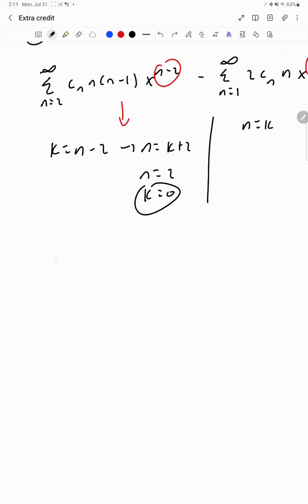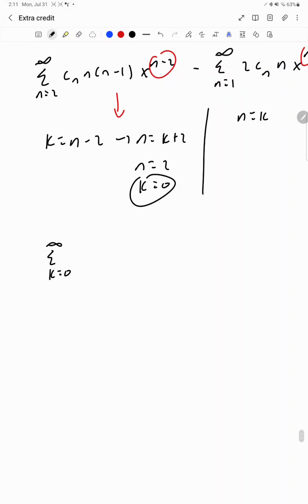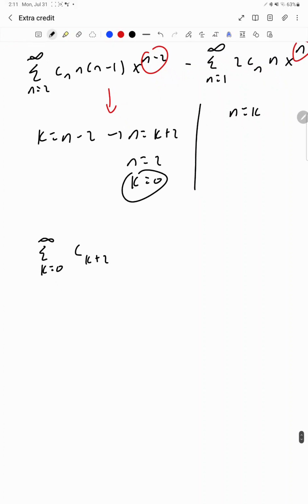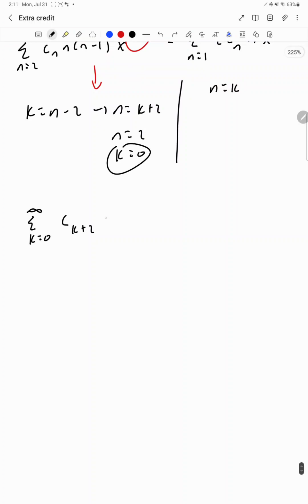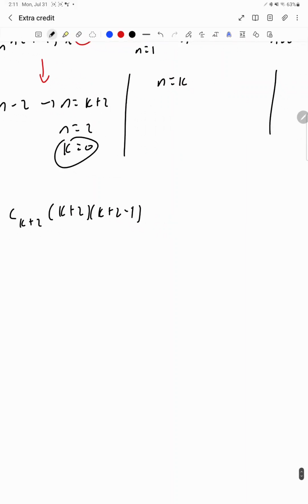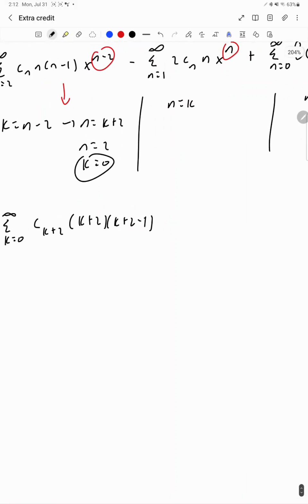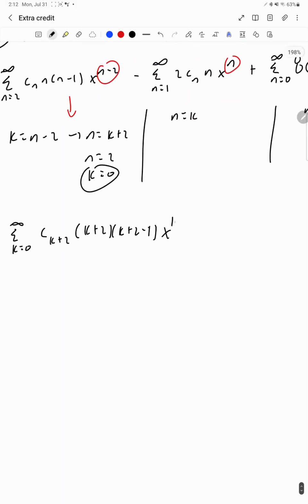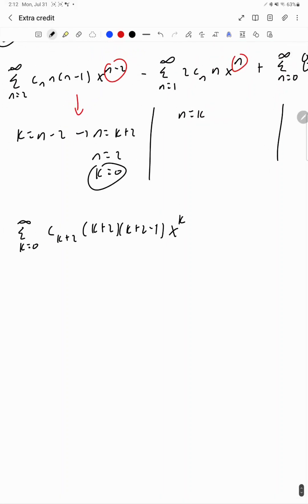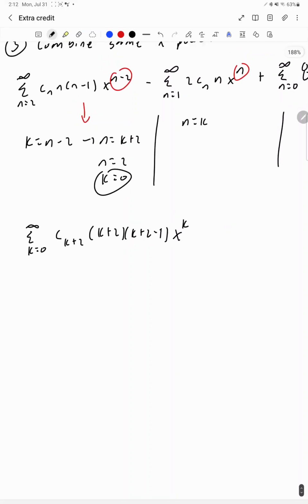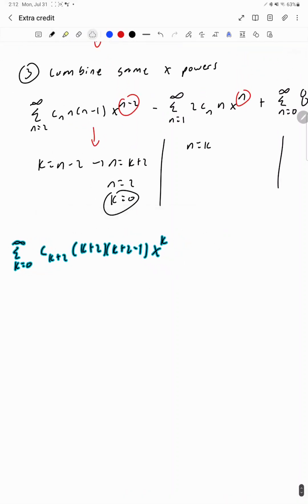for the sum. So then it becomes sum of k equals 0, c k plus 2, because n equals k plus 2, so we plug in k plus 2 for n into the sum, and so this becomes k plus 2 times k plus 2 minus 1 times k x to the k, because n minus 2 equals k for this first sum here.